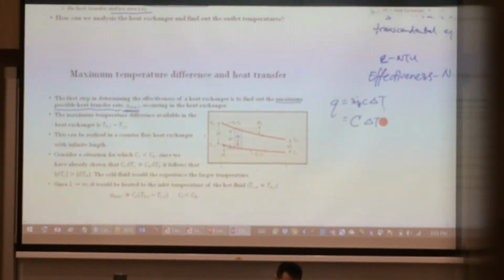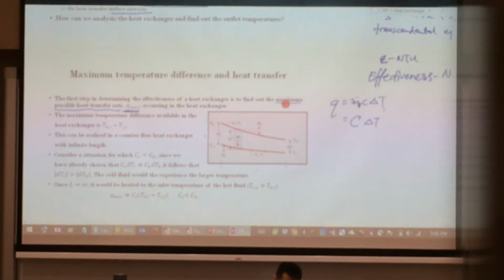So what we're interested in for this counterflow system is that if we take a small little slice over here, we know that this small dq of heat will transfer from the hotter side to the colder side at the bottom over here.